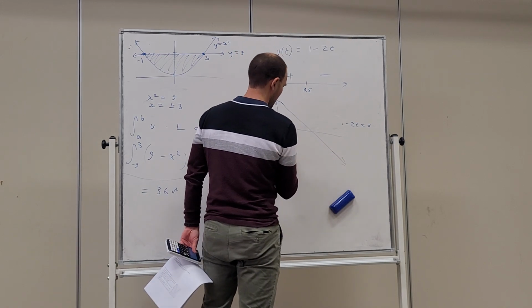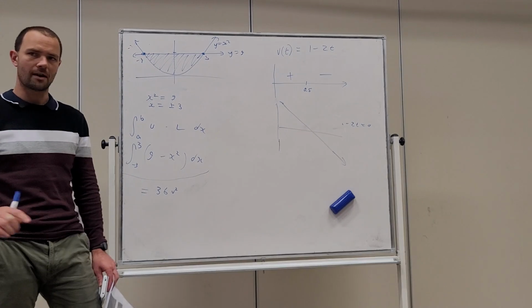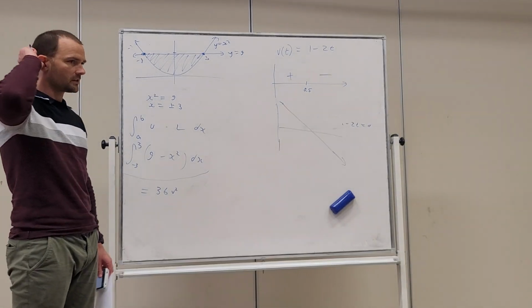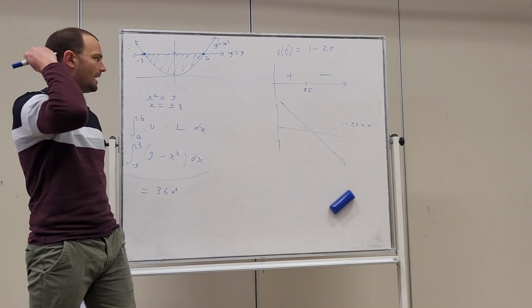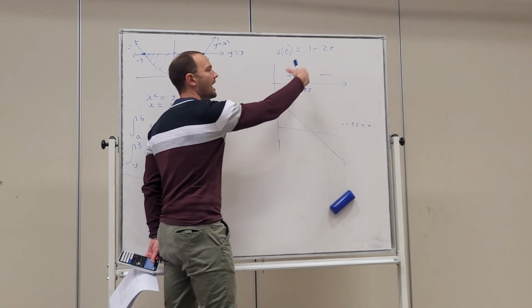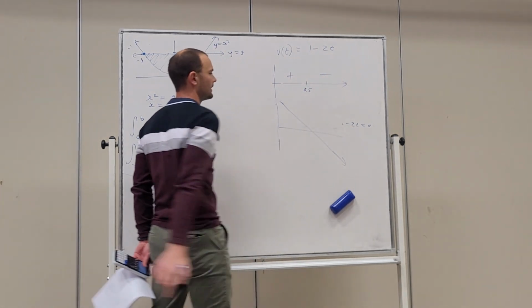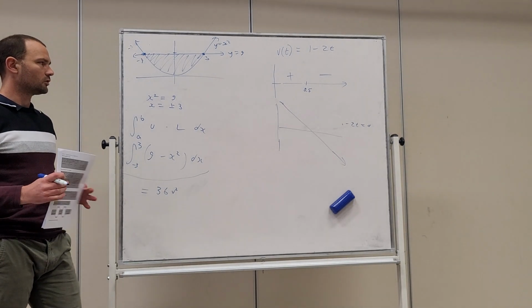Now, we're asked to find the total distance travelled in the first second. So that means how much it moves to the right plus how much it moves to the left. Initially it's moving to the right because we have positive velocity, and then it's moving to the left because we have negative velocity.